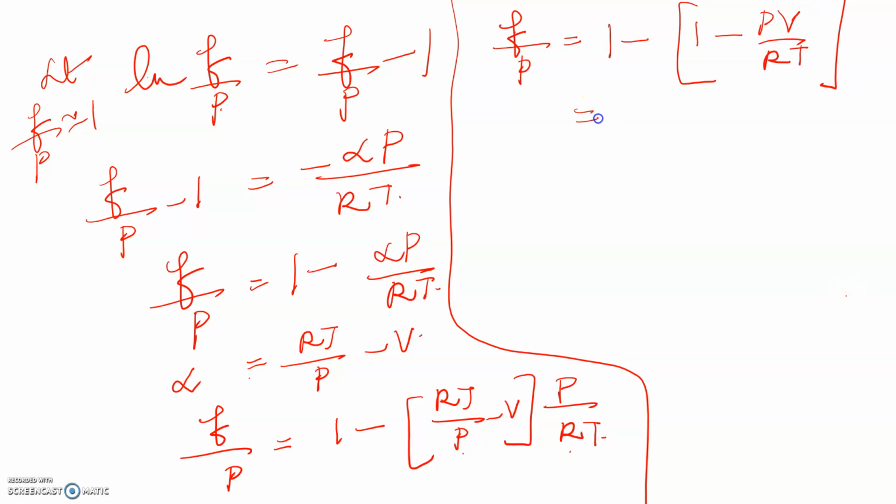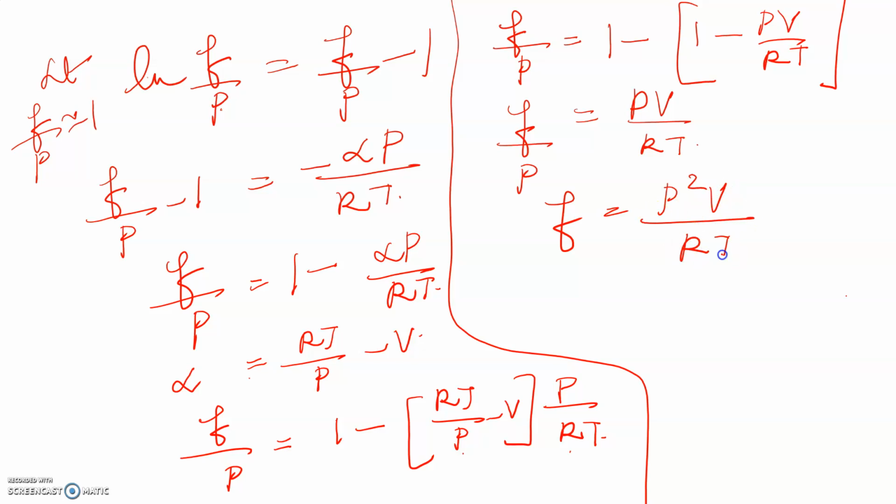This is 1 minus 1, 0, plus pV by RT. F by p is pV by RT, or f is equal to p squared V by RT. Thus, we can calculate the value of fugacity without much difficulty at moderately low pressures. This equation is applicable only at moderately low pressures.